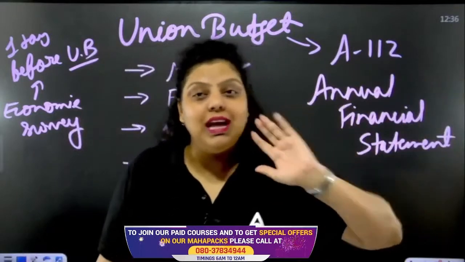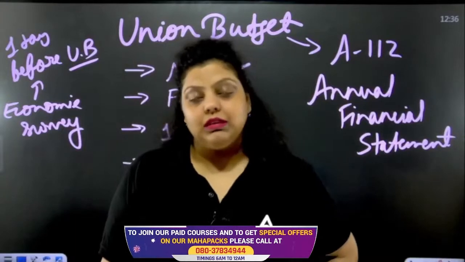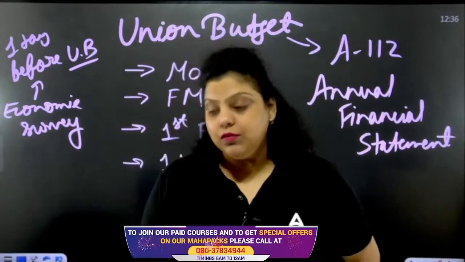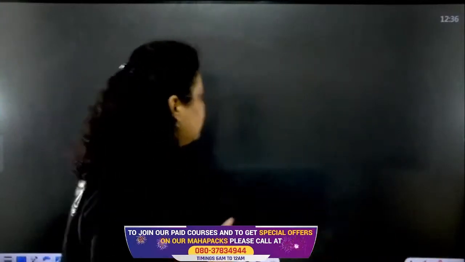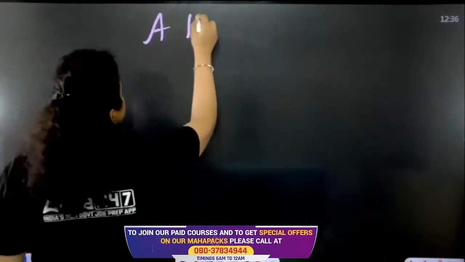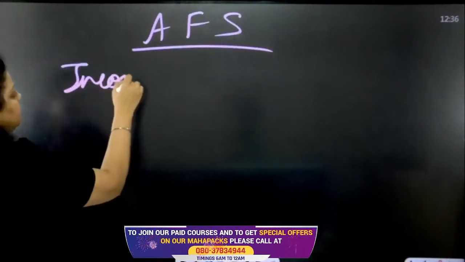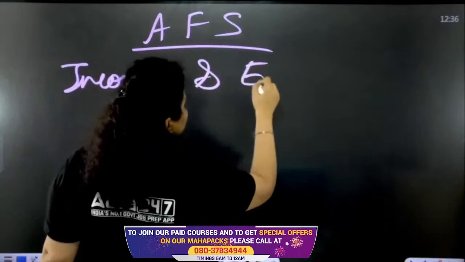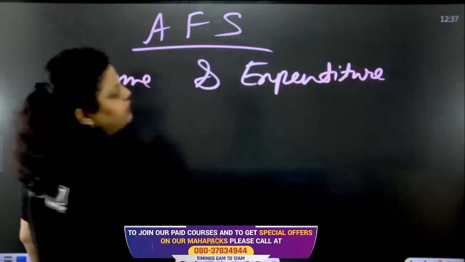Budget has not been defined in any particular term; it is also called the annual financial statement. And this annual financial statement is the statement of income and expenditure of the Government of India.